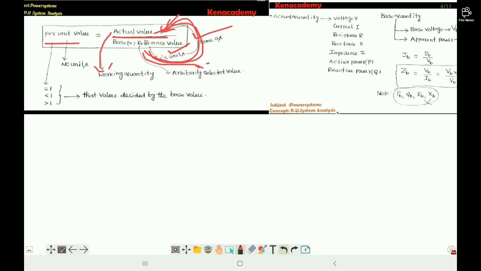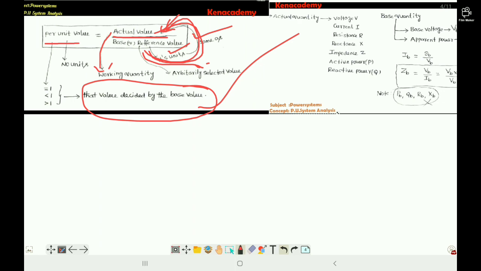It may be equal to 1 or less than 1 or greater than 1, decided by the base value. Important point. The per unit value is mainly decided by the base value only. It depends on the base value or reference value. Okay, clear?